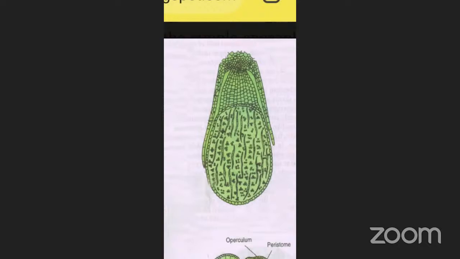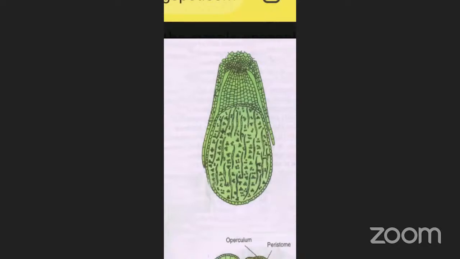The two lowermost cells, called hypobasal cells, remain sterile and form the foot and seta. The upper two cells, called epibasal cells, are fertile and by repeated division form the upper part of the seta and the capsule.